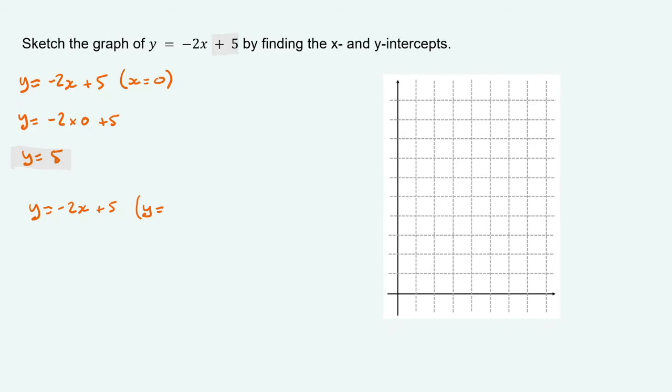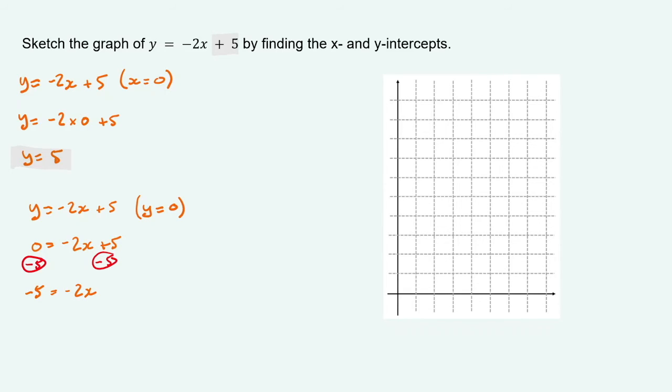Only this time, let's let y equal 0. Alright, so now I've substituted in. I now need to do my algebra. So I take 5 away from both sides. Gives me minus 5 equals minus 2x.